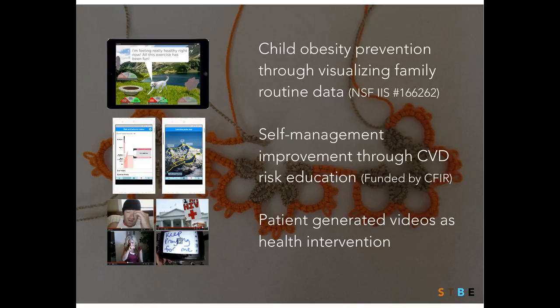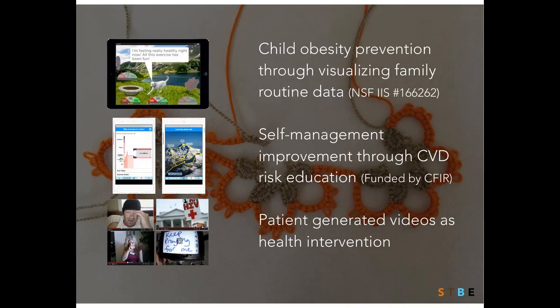These are some of my other ongoing projects. I just received a large grant from the NSF Smart and Connected Health program, on preventing child obesity through visualizing family routine data that are collected through acoustic sensing. This running dog is a representation of how well the child did in terms of sleeping, TV viewing, and how often the family was having dinner together.